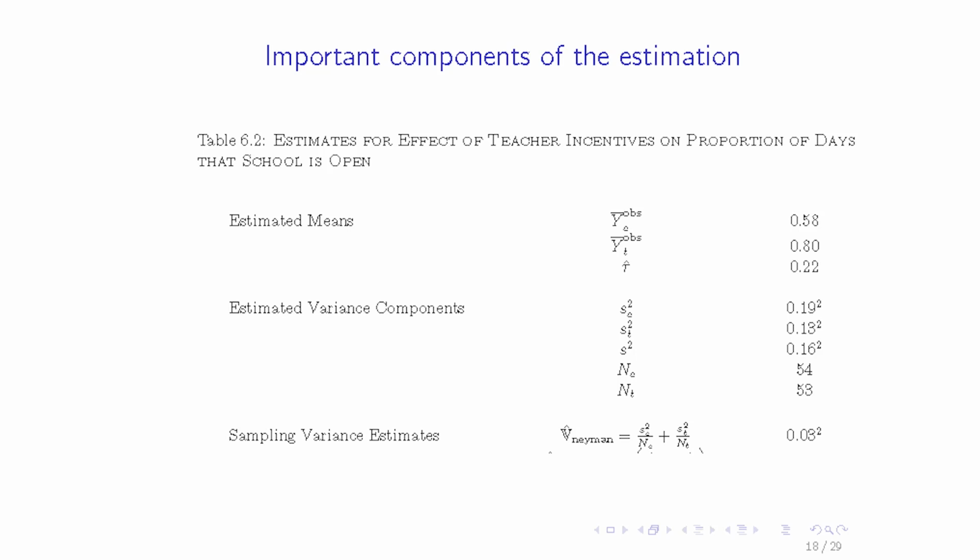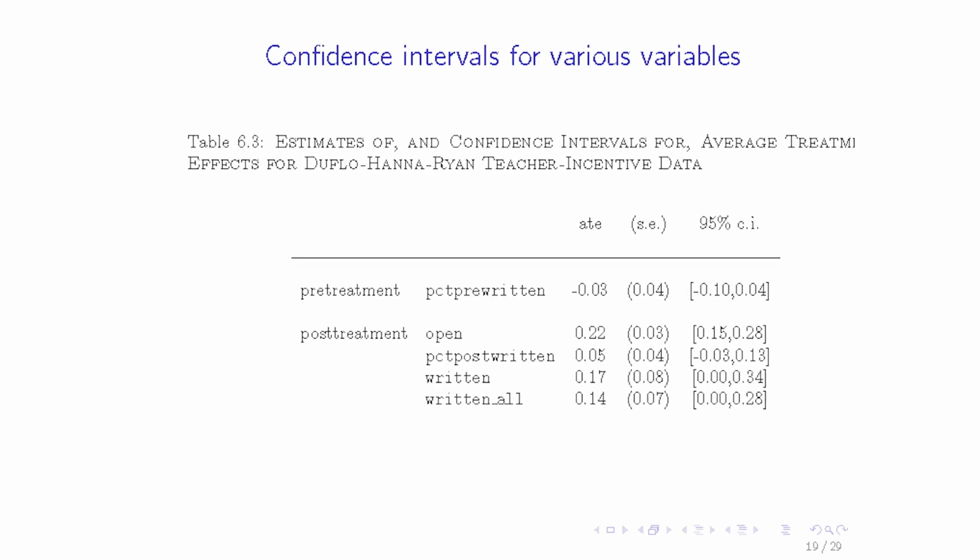Armed with that, we can now calculate the confidence interval, which for open is 0.15 to 0.28 for a 95% confidence interval. So the average treatment effect on fraction open is 22 percentage points with a 95% confidence interval of 0.15 to 0.28.